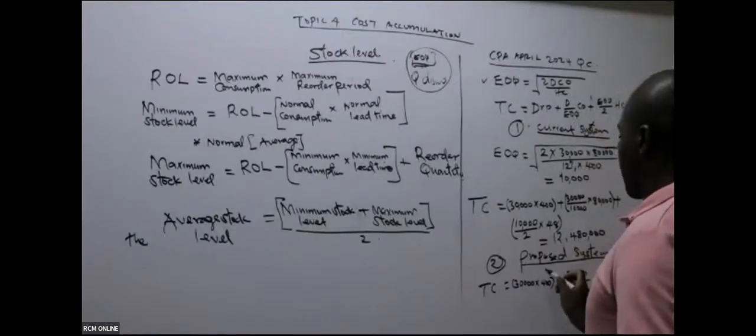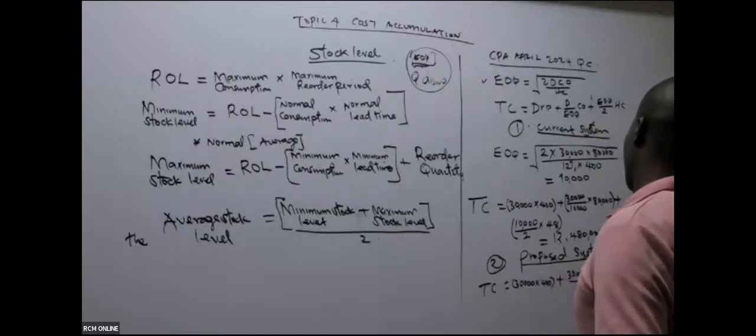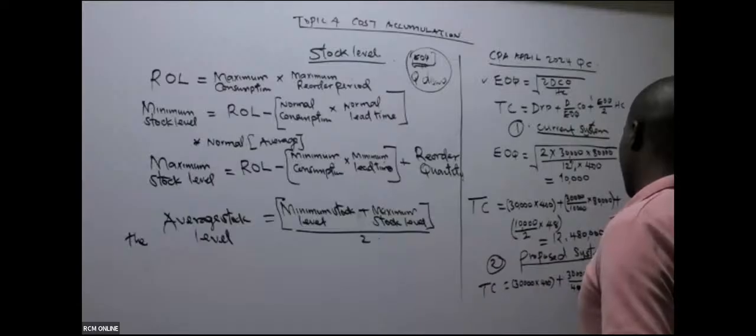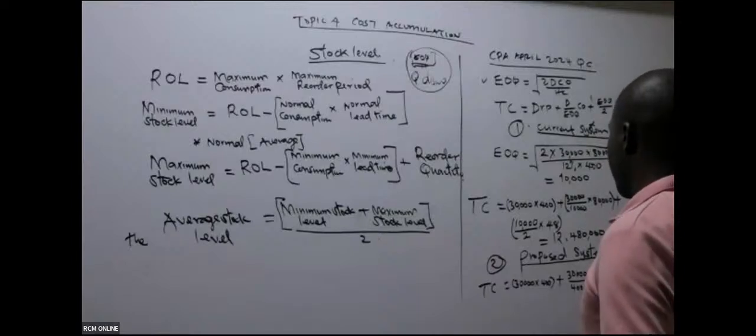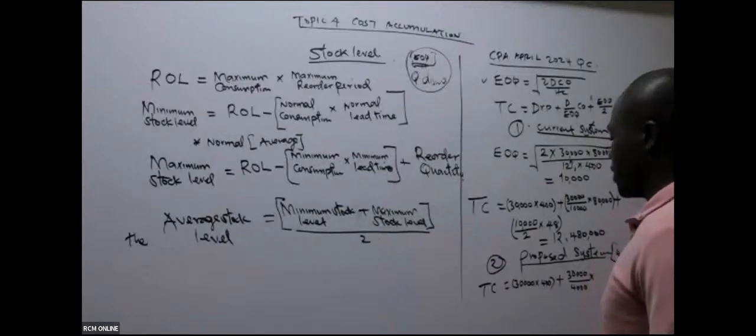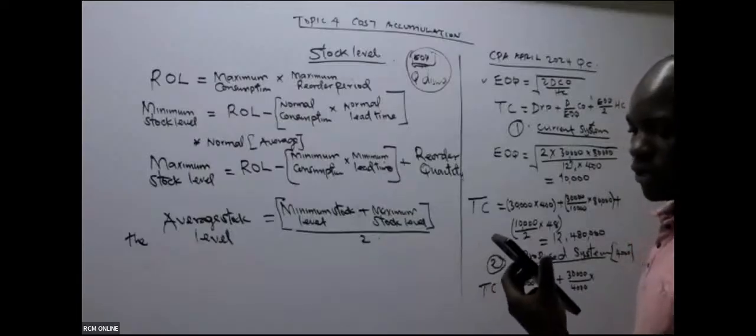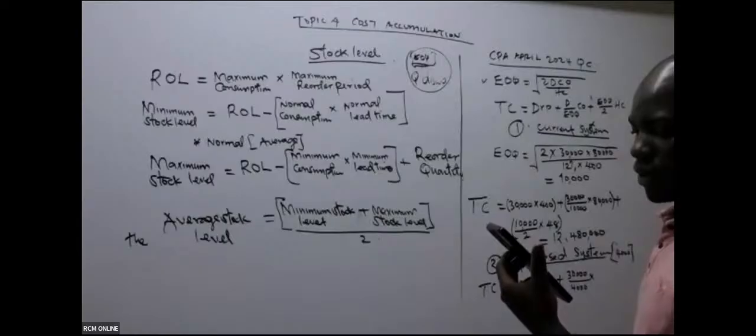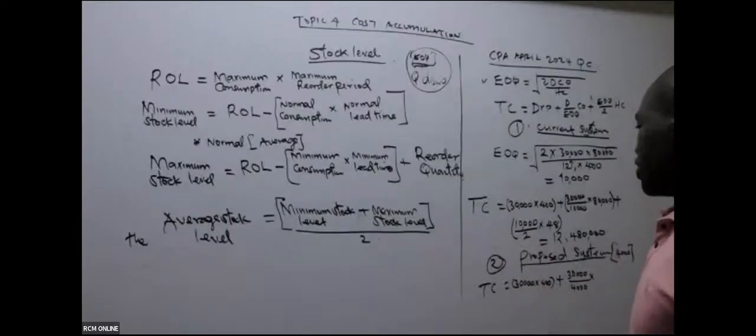Our quantity here is equal to 4,000 units. So let's have that divided by 4,000 units. Then we multiply by ordering cost per order. What's our ordering cost per order for the proposed system? 28,000. Thank you.